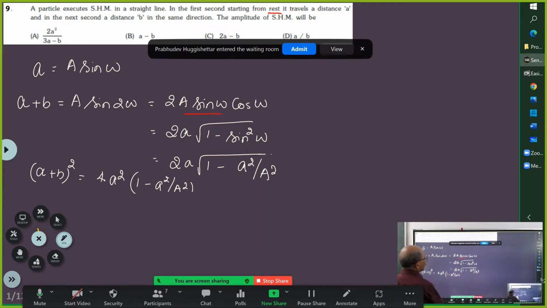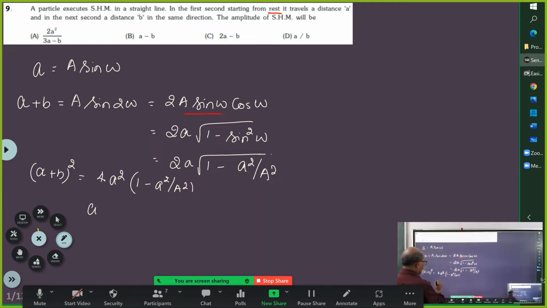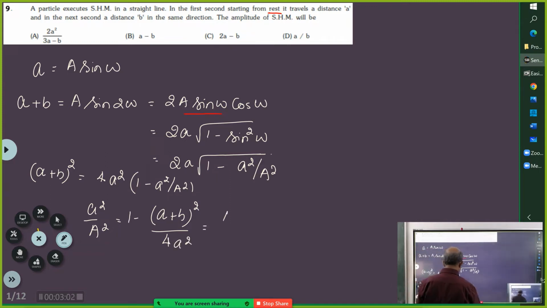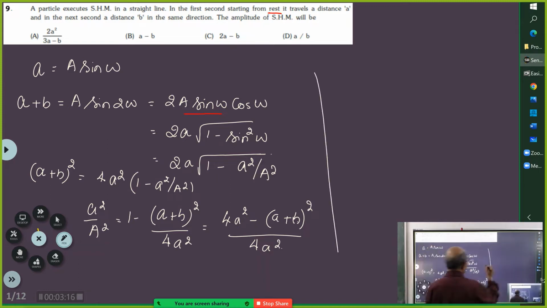So a square by A square will be 1 minus (a plus b) square divided by 4a square, and this can be written as 4a square minus (a plus b) square divided by 4a square, and we want A square.